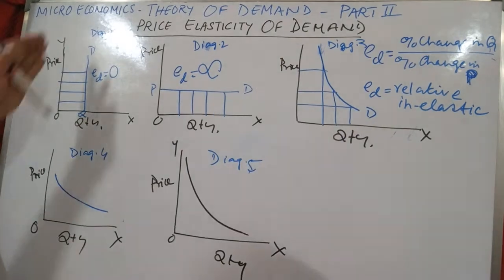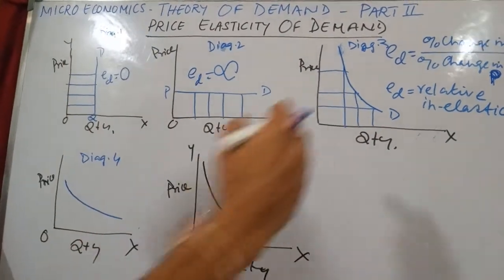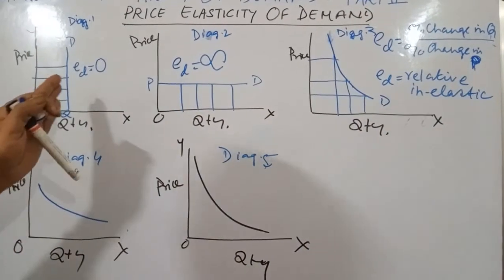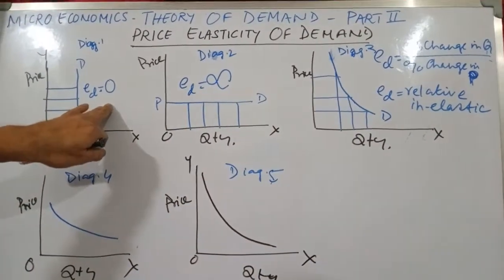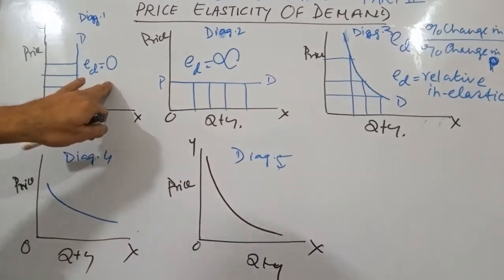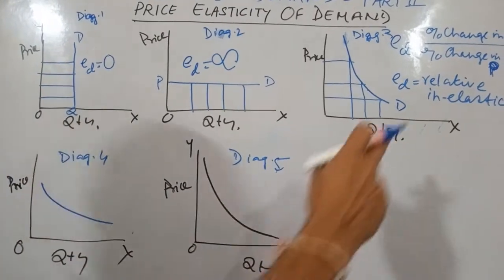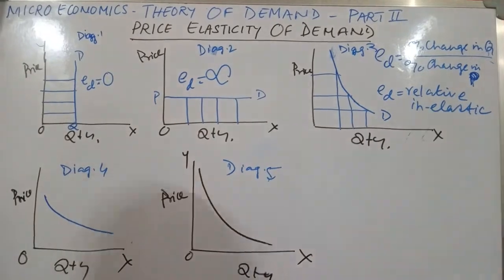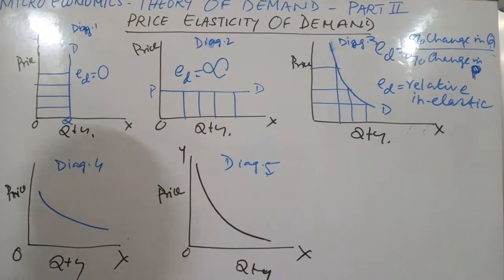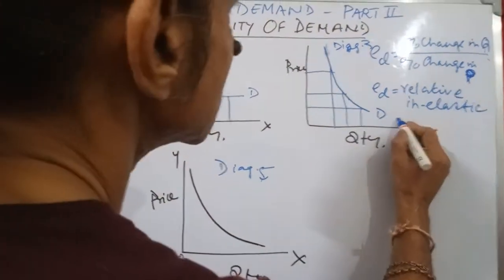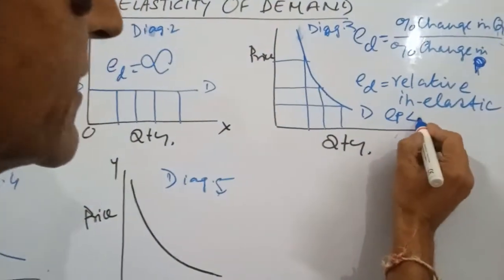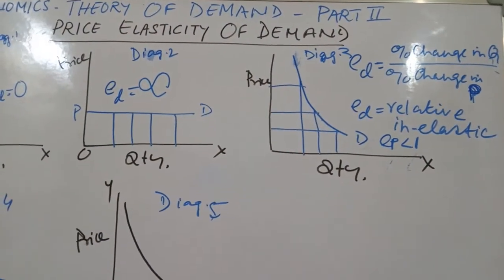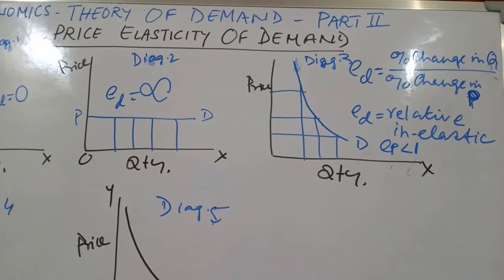When it becomes a straight line, when the demand curve becomes more steeper, it reaches 0. Correct? So it is relatively inelastic. Now relatively inelastic means it is less than 1. Correct?